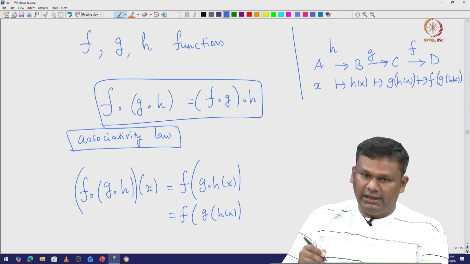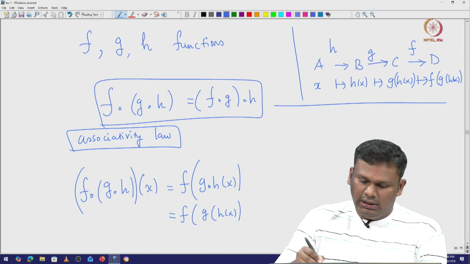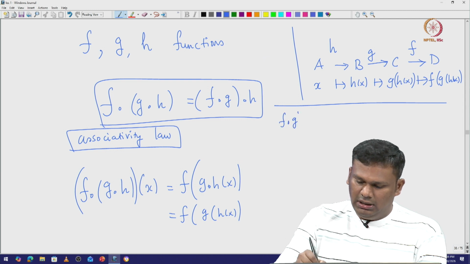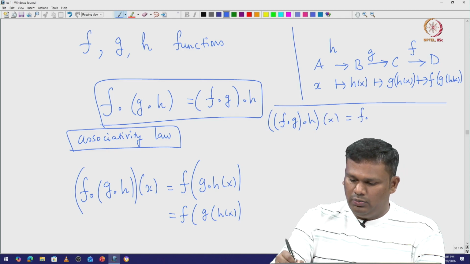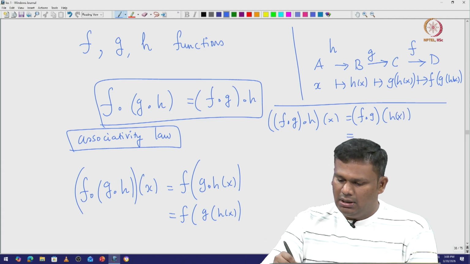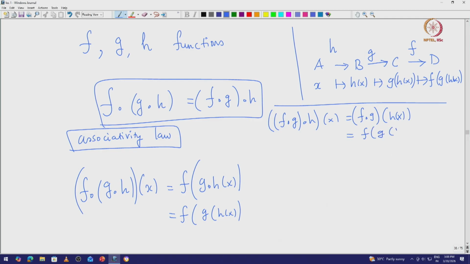Now let us calculate the right hand side, (f composition g) composition h applied on x. This is f composition g of h of x, which is the same as f of g of h of x. So for any x in capital A, f composition (g composition h) of x is the same as (f composition g) composition h of x.